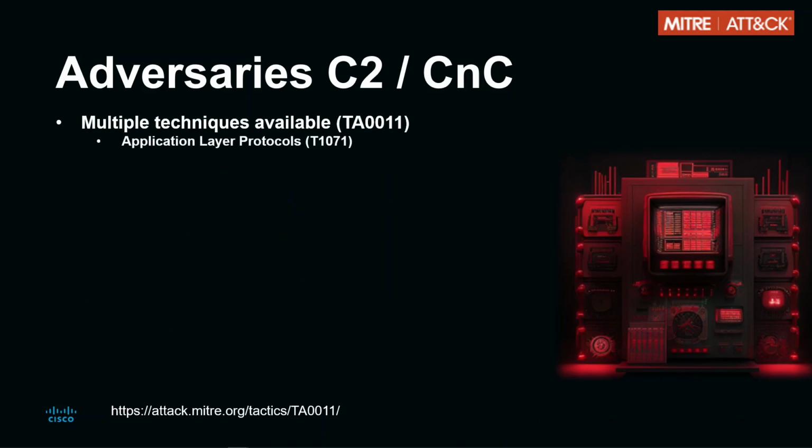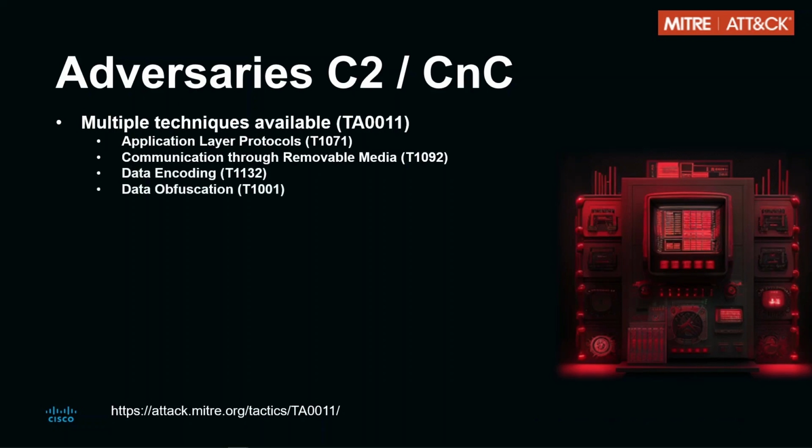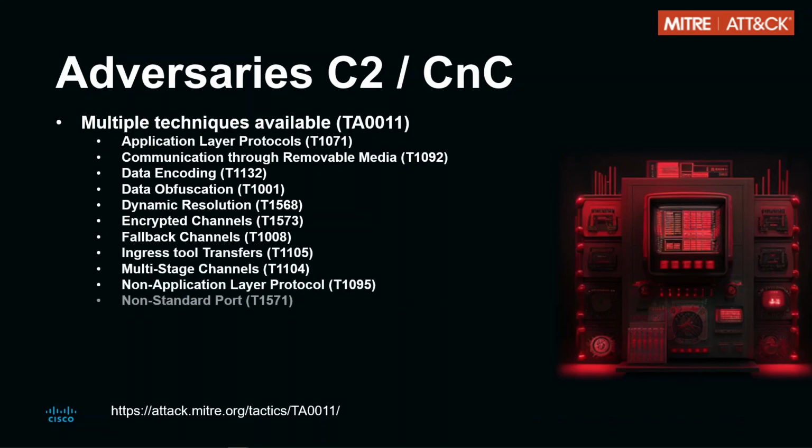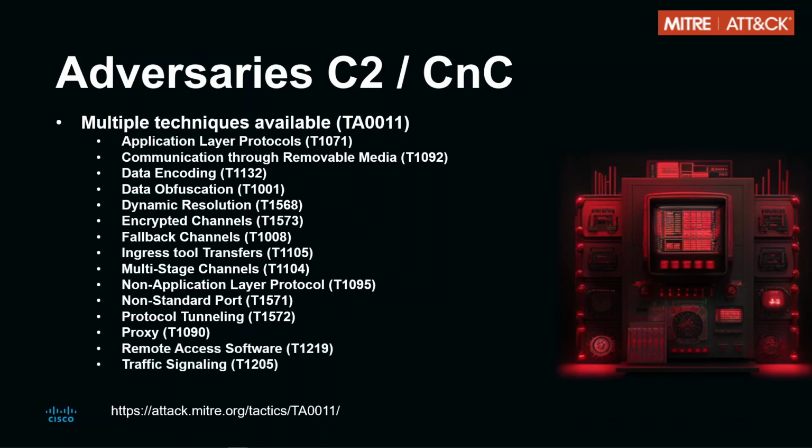Now, if we look at multiple techniques available for C2, I mentioned that we're focused on the encrypted side, but application layer protocols, communications through removable media, data encoding, data obfuscation, you got dynamic resolution, encrypted channels, fallback channels, ingress tools to transfer, multi-stage channels, non-application layer protocols, non-standard ports, protocol tunneling, proxies, you've got remote access software, traffic signaling, and web services.